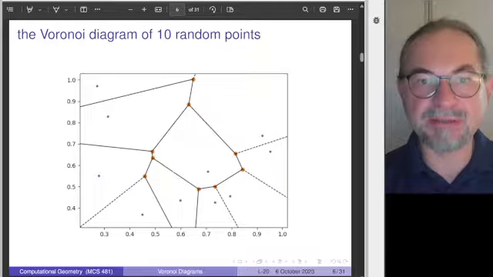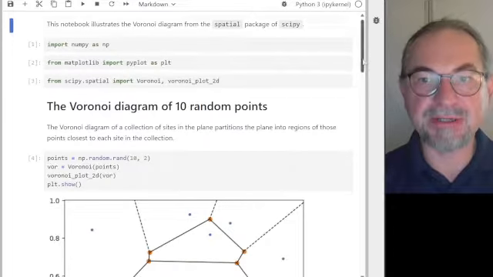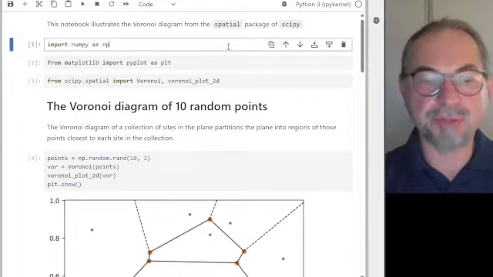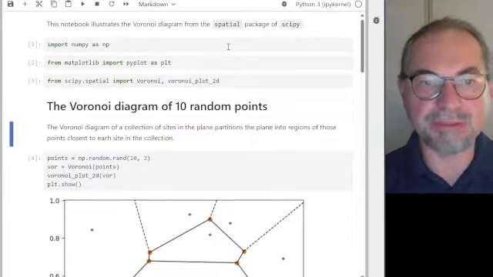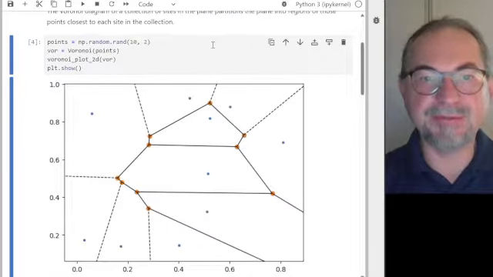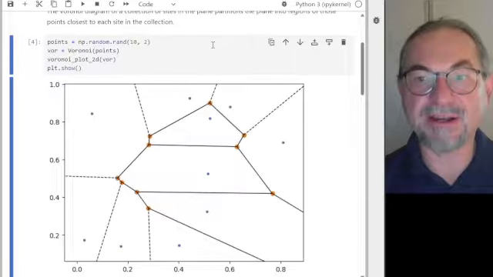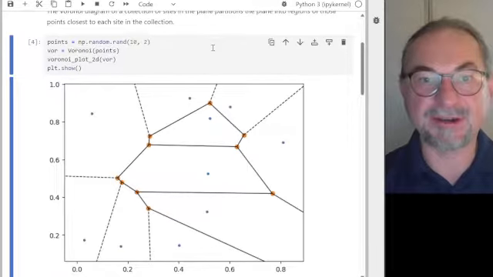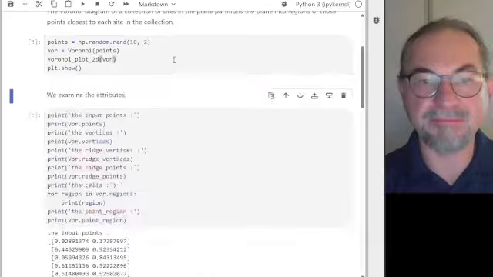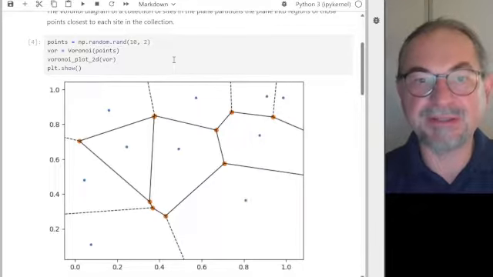And there is not only a script, but there is also a Jupyter notebook, so I probably should execute this. And you see, whenever I execute this, I have another example of a Voronoi diagram. Let me do this again. So here you see another example of a Voronoi diagram.